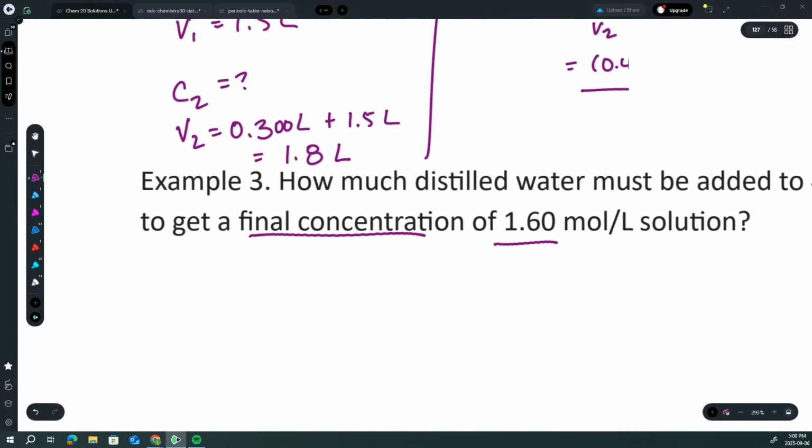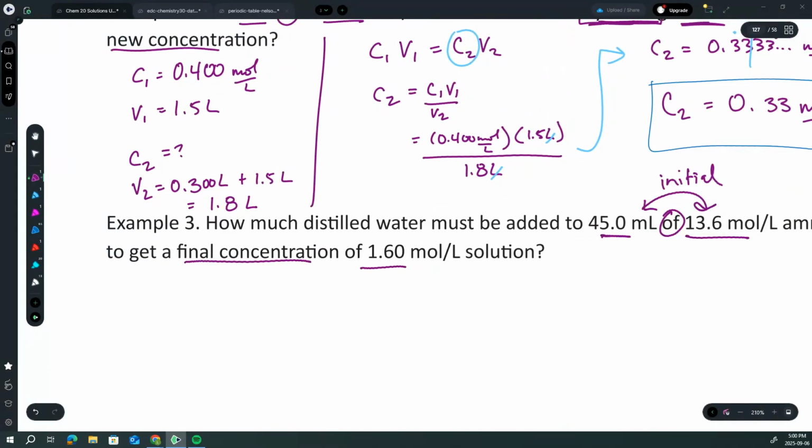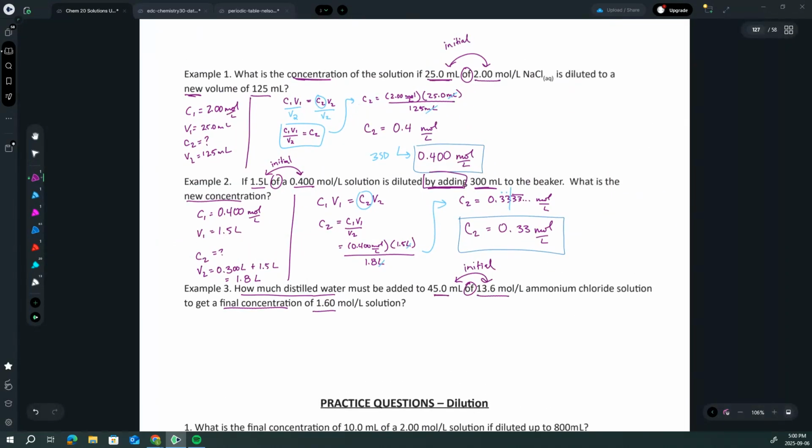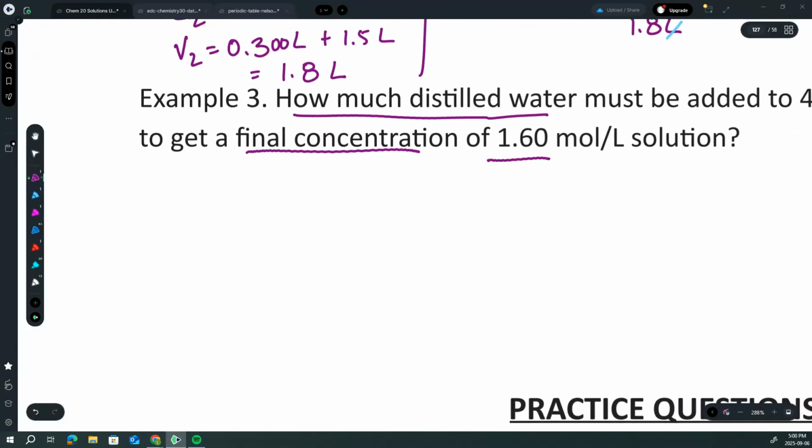Now the tricky part here is it's asking us, how much water did we add? Those are the key words you're going to look for to tell you that you're going to do something a little different than the first 2 questions that we just did.